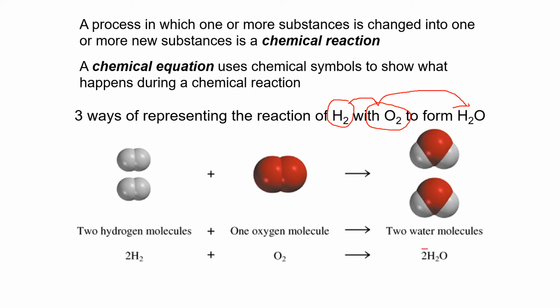And we're going to learn that this, what is called a coefficient, can also be read as moles of the substances involved in this chemical reaction. Reactants are on the left, products are always on the right.